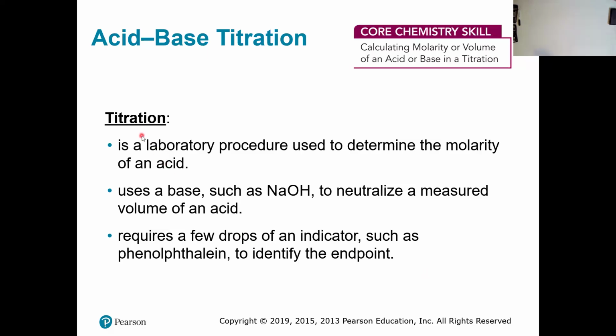So in a titration, we use this in lab to figure out the molarity of an unknown acid. We use a base like sodium hydroxide in order to neutralize our measured volume of acid. We'll add a few drops of an indicator like phenolphthalein to our acid to help us visually identify our endpoint.